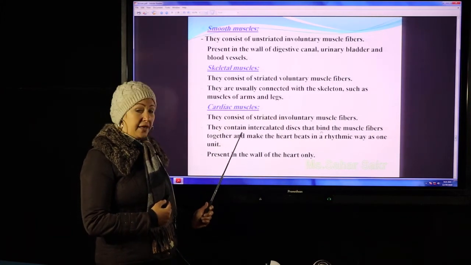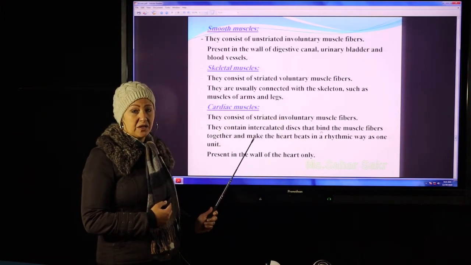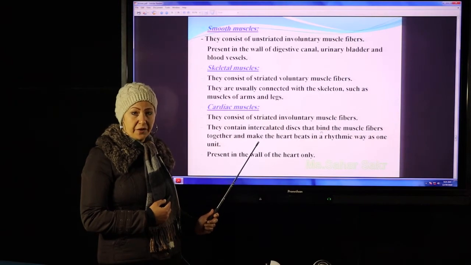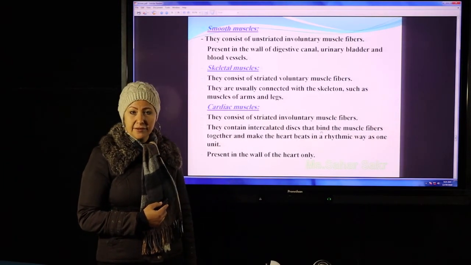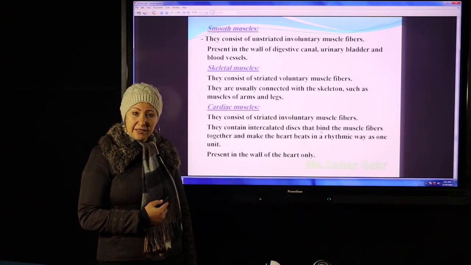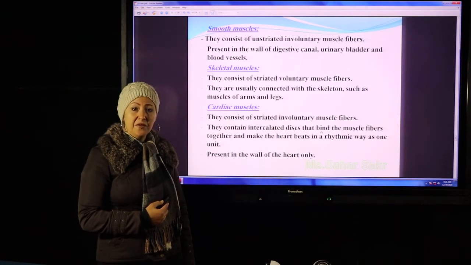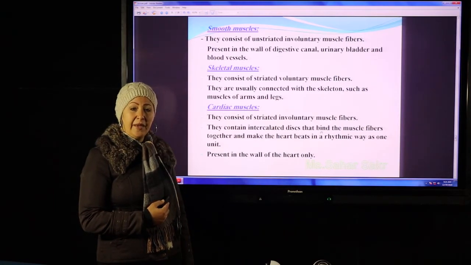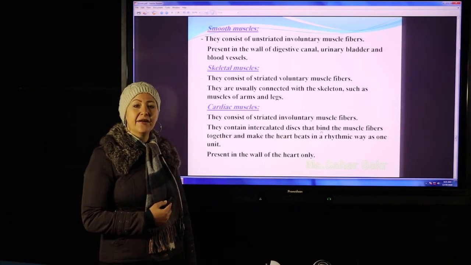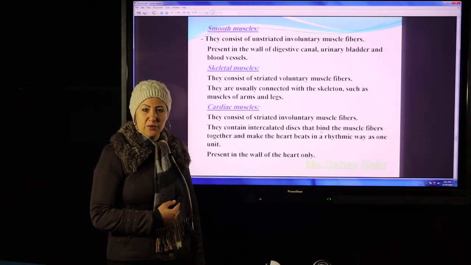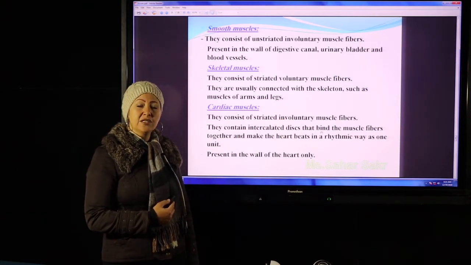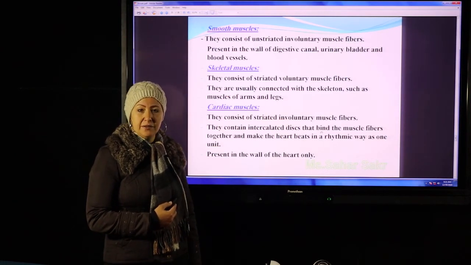Okay? They also contain something very important in the structure of the cardiac muscle in the wall of the heart: intercalated discs. They are discs between the cells of this type of tissue. These discs make the heart beat in a rhythmic or coordinated way, or make the heart beat as one unit.